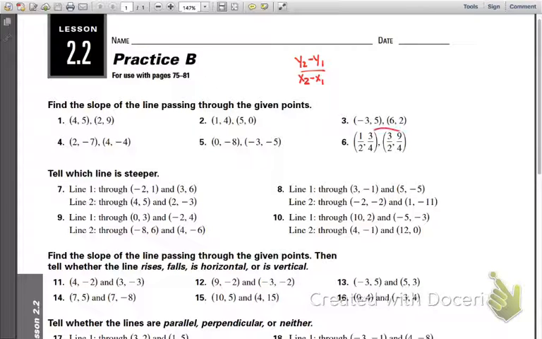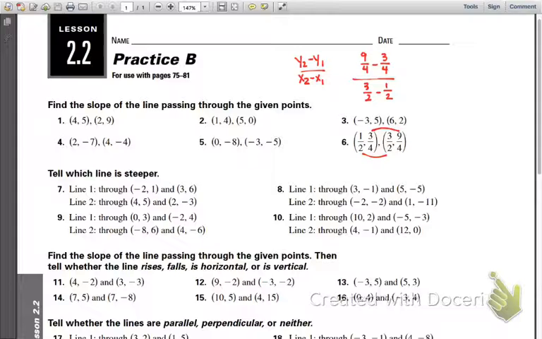Those two go together and those two go together. So I'm going to say 9/4 minus 3/4 divided by 3 halves minus 1/2.